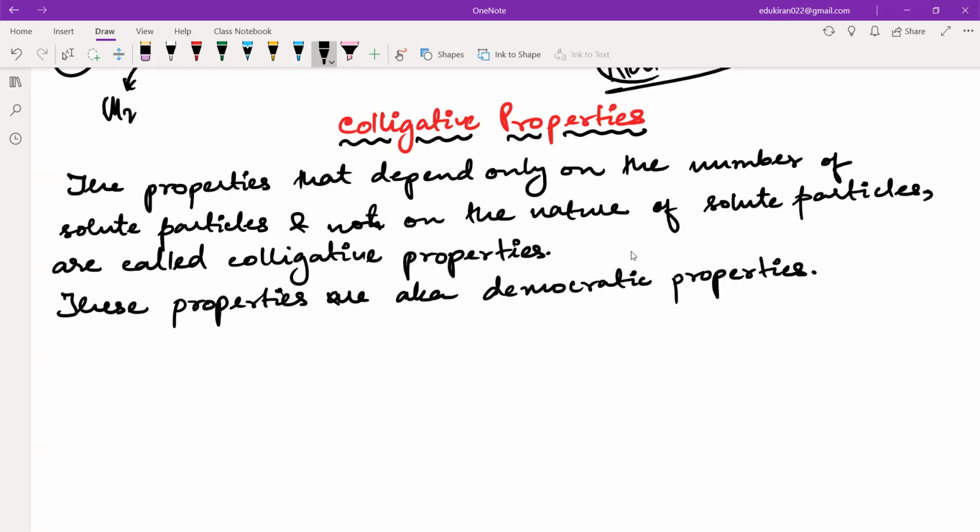Why? Because they depend on the number. In a democracy, what is the value? The value is in numbers, not on the nature, right? That is why these are colligative properties. These are also known as democratic properties. This is clear, yes or no?